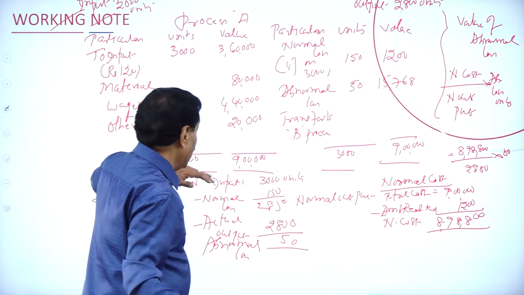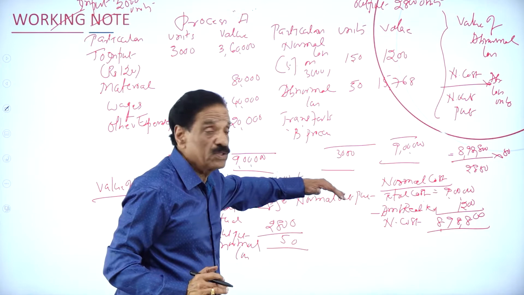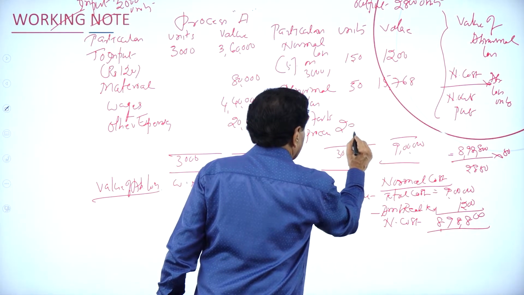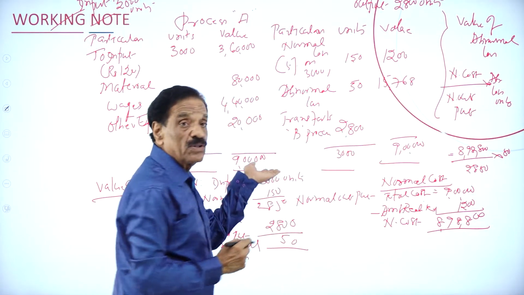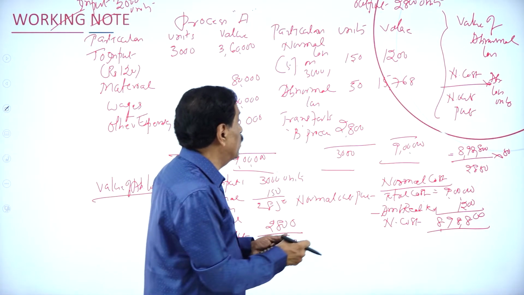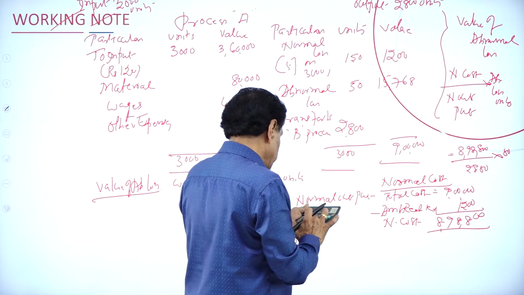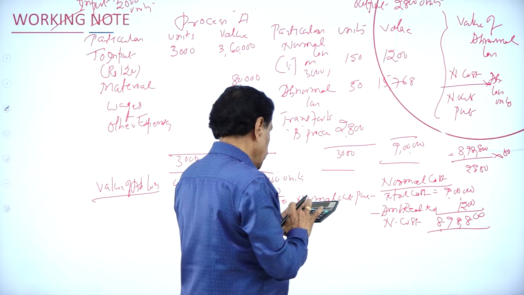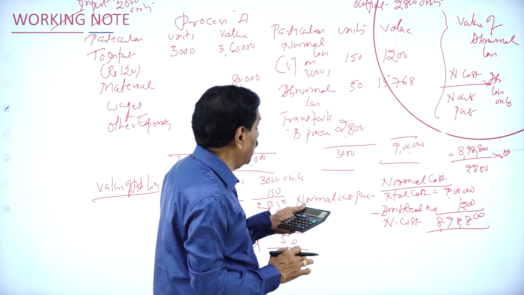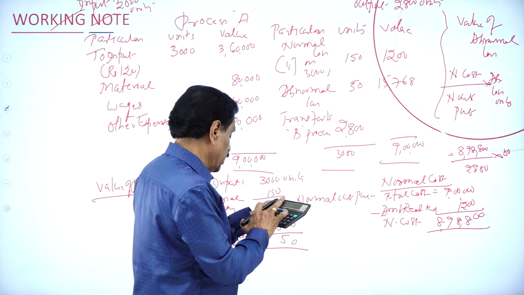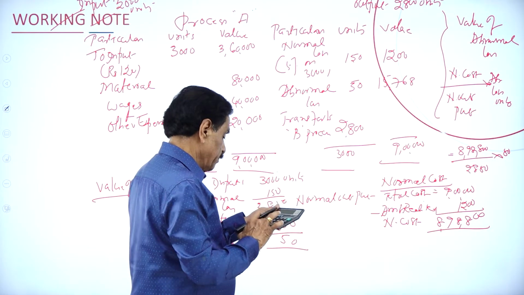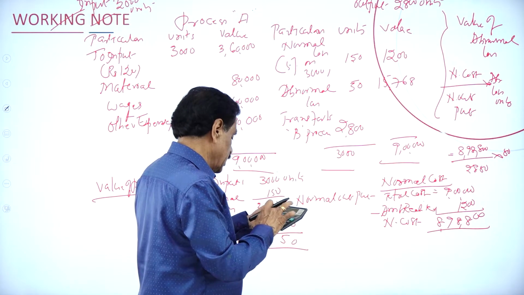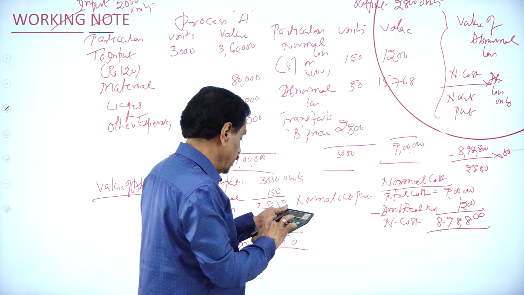So the total value is 3000. Here 3000 units, 200 units have gone. Your output is 2800 value. Transfer to next process. You deduct this now. 9 lakh minus 1200 minus 15,768.